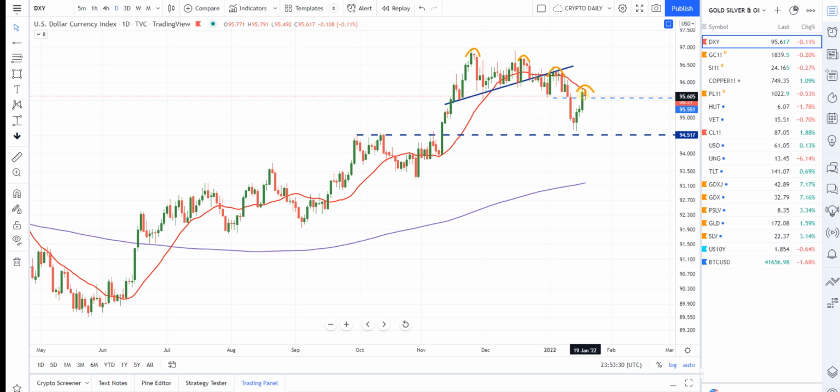Right now, that red candle is the current candle. It came up, hit the 20. But before we talk about that, we came down and it was the 100 simple day moving average that saved the day, and also within a range.